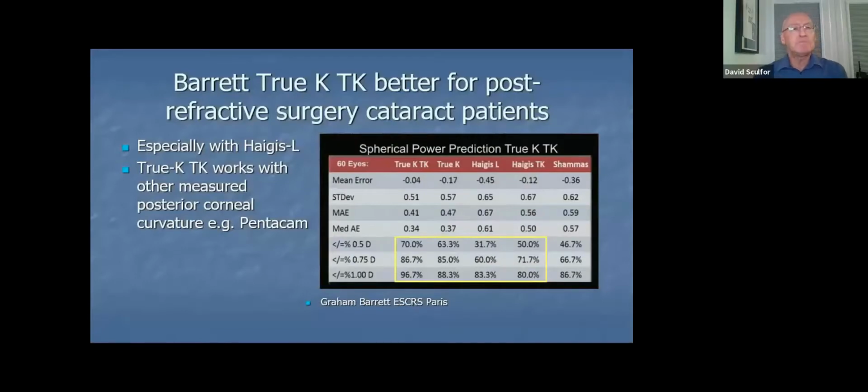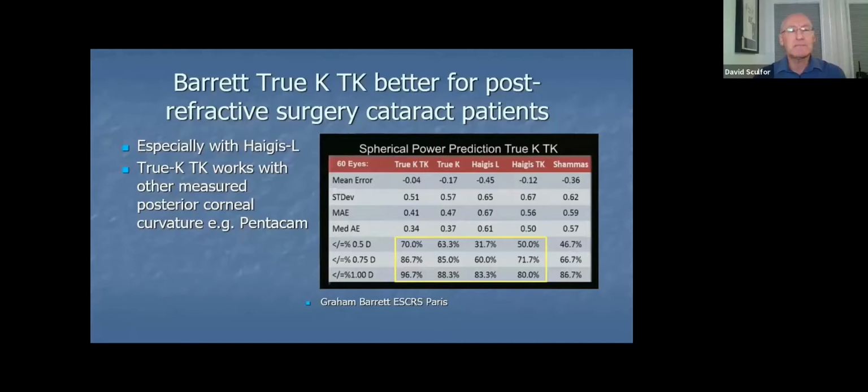Where you do gain by using Barrett TrueK TK is where you've got patients who've had refractive surgery. And there you really do gain, because one of the problems with refractive surgery patients, as you'll hear later in the talk, is that it's not uncommon to get a certain amount of ectasia, where you've got steepening of the front of the cornea and the back surface of the cornea, and you've broken down that relationship between the two.